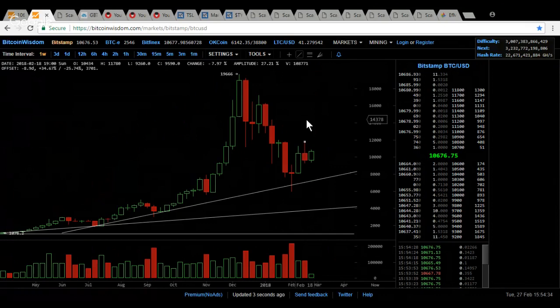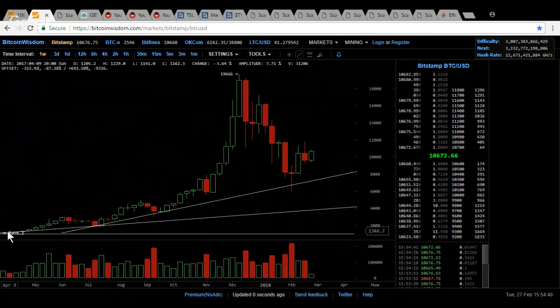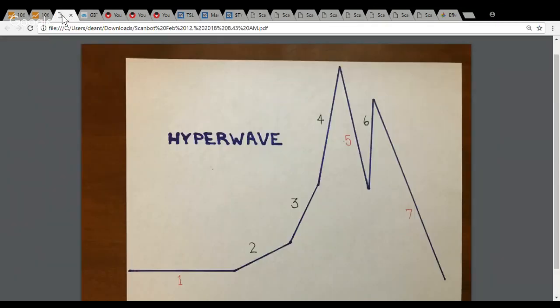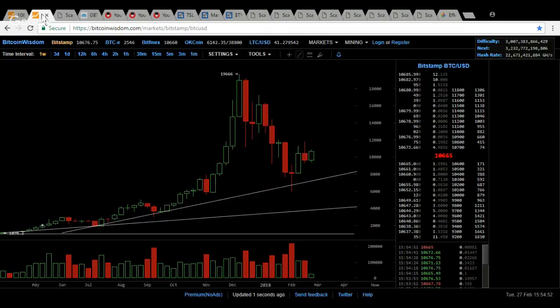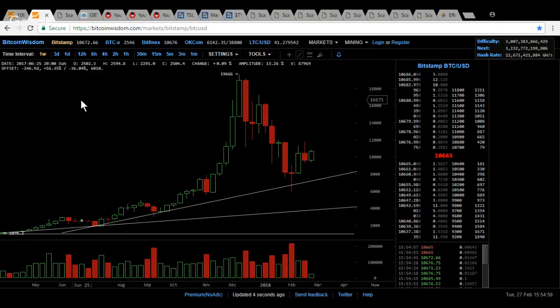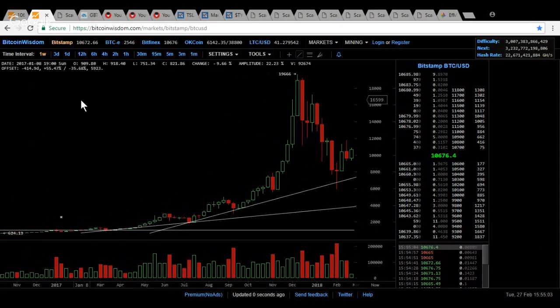And this goes back all the way to the $1,000 level. And then I want to bring up the chart that you've seen before of Hyperwave, and then back to the chart of Bitcoin. Now, notice that I have drawn in 3 lines here.